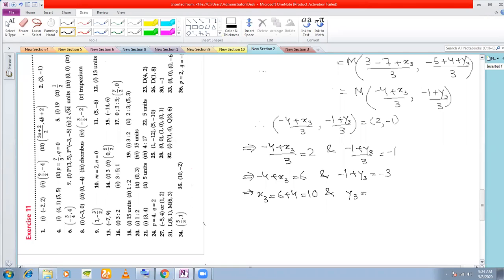And y3 is -3 plus 1, equal to -2. So therefore, what are the coordinates of the third vertex C? The third vertex C is 10, -2, that is x3, y3.